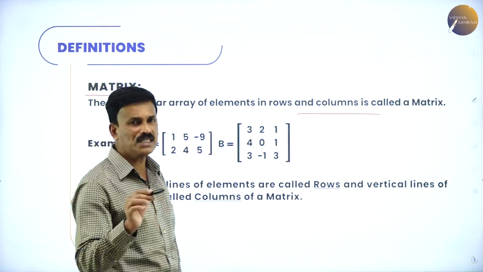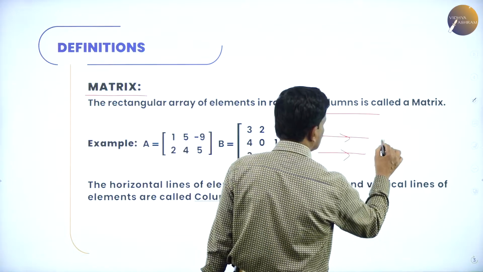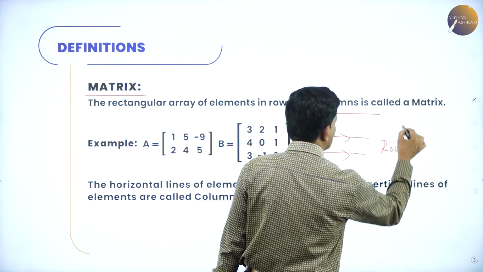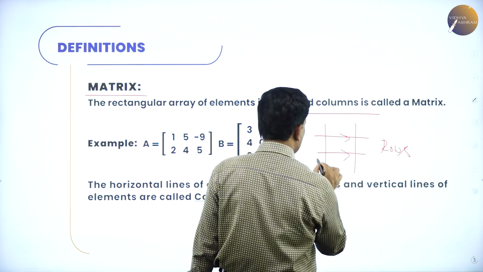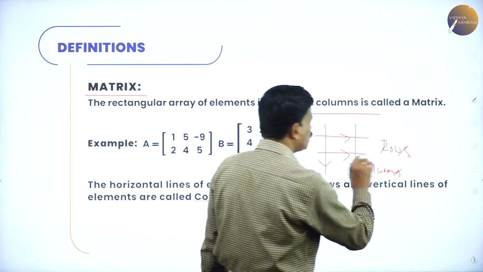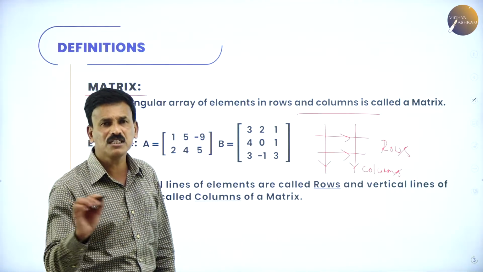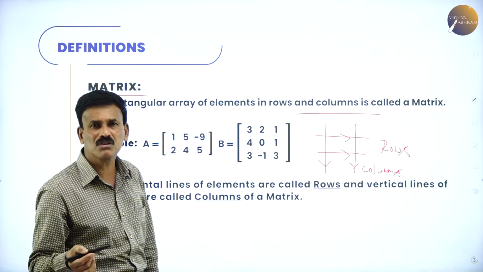The horizontal lines are called the rows, whereas the vertical lines are called the columns of a matrix.